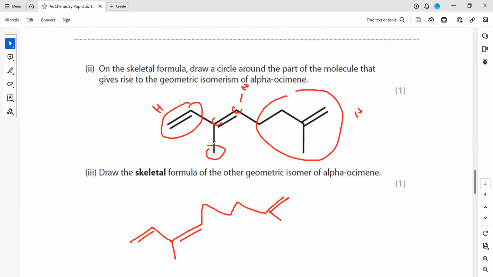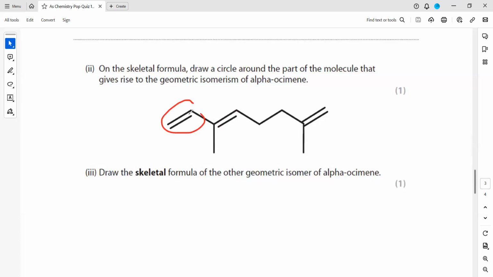Or you can switch the first one as well. If you want to draw, you switch these two. Like this part, I will just switch.